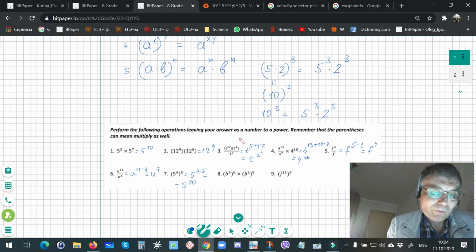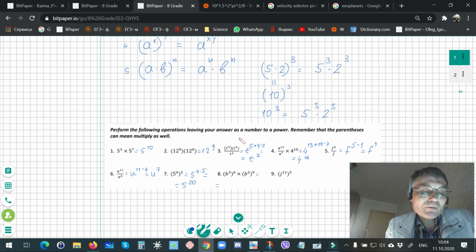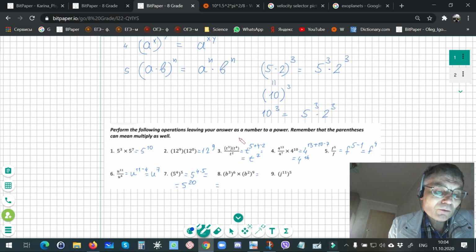Here is the most complicated problem. First, I have to open the parentheses in both cases. b to the power of 3 and then again to the power of 6 gives me the first b. It's 3 times 6, it's 18.